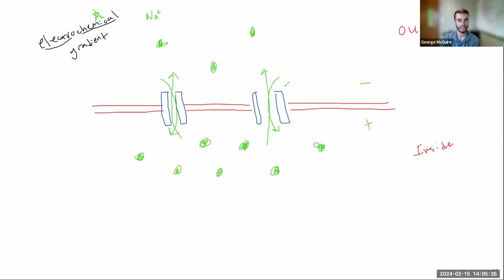These two forces together can both cause diffusion, as we're seeing here: a high concentration of these molecules inside pushes them out. The electrical gradient also pushes them, because they want to go towards the opposite charge. Combining those two ideas is what drives the movement of these molecules.